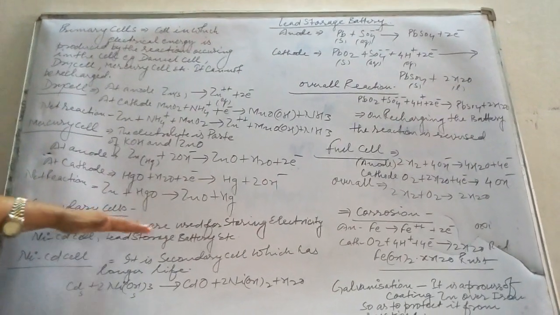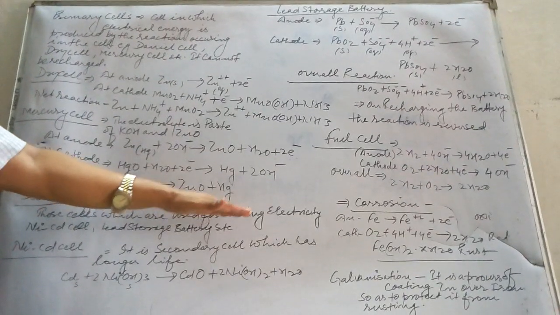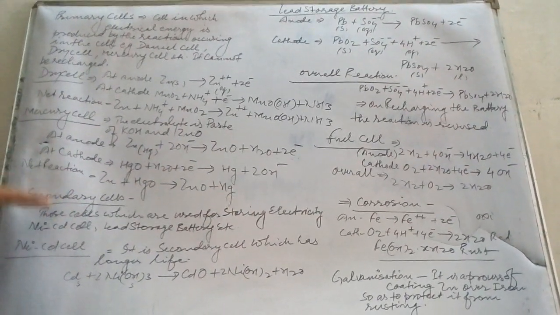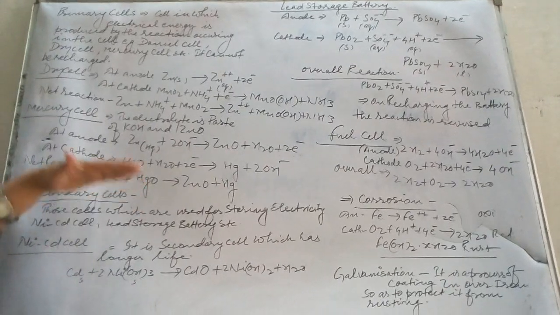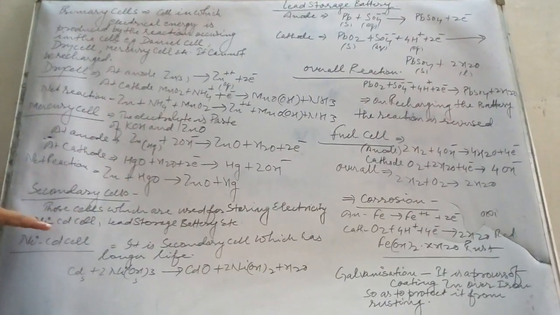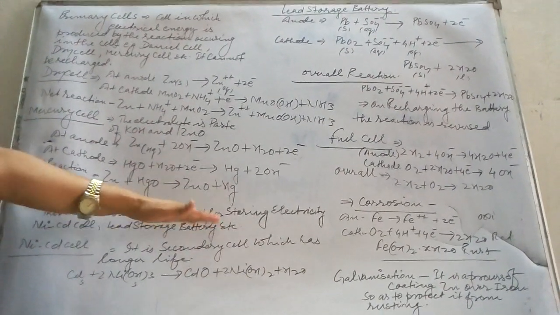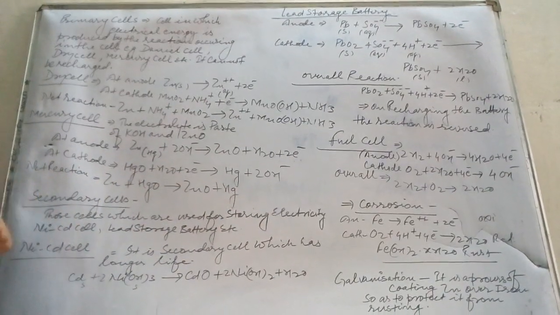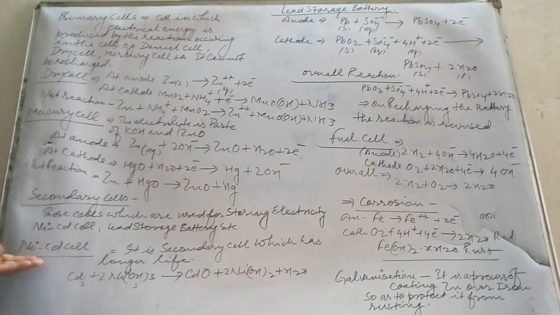Those cells which are used for storing electricity, meaning in these cells we can store electricity. Common examples are the lead storage battery and the nickel cadmium cell. At the very first, we go through the study of the nickel cadmium cell and the lead storage battery one by one.